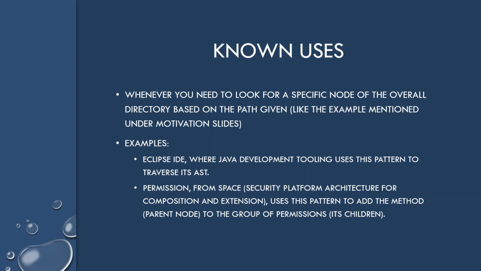Number one, Eclipse IDE, where Java Development Tooling uses this pattern to traverse the AST. Number two, SPACE, also known as Security Platform Architecture for Composition and Extension, which uses this pattern to add a method to a parent node for the group of permissions, which are its children.